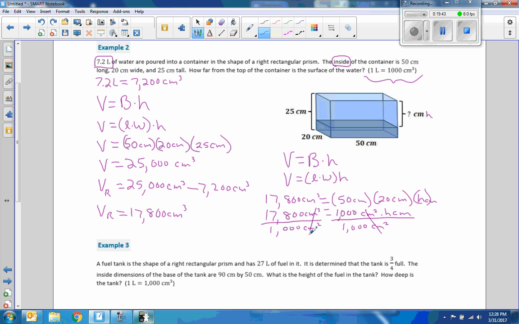Centimeters cubed divided by centimeters squared is going to leave 1 centimeter remaining. 1,000 divided by 1,000 is 1, and I'm left with the height in centimeters, which is my H, and 17,800 divided by 1,000 is 7.8.